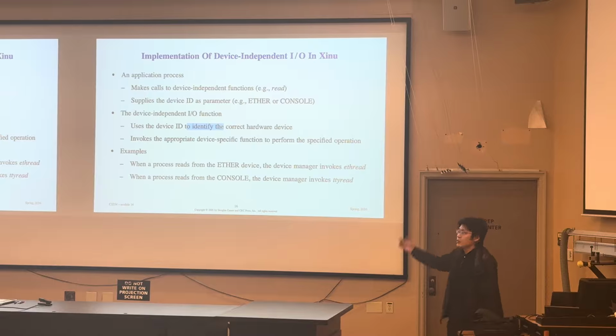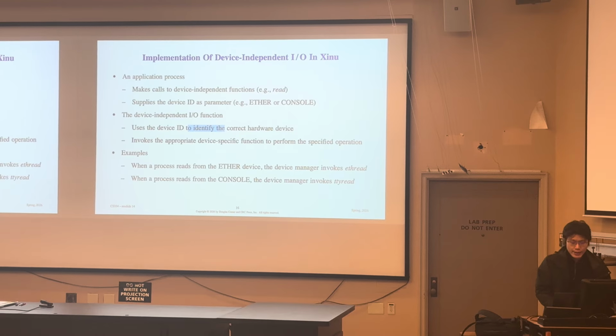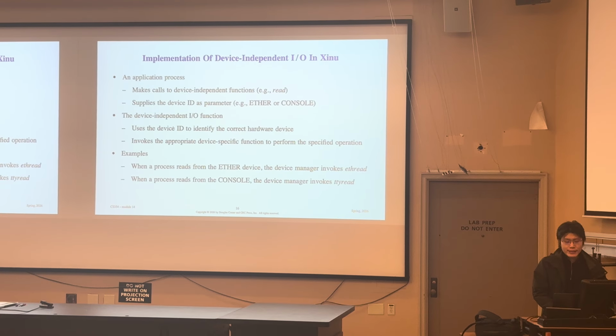If I'm using Ethernet, then the user is trying to use a network card. If it's console, the user is going to use the console. And it uses this device ID to find the appropriate device-specific function to perform the specified operation.